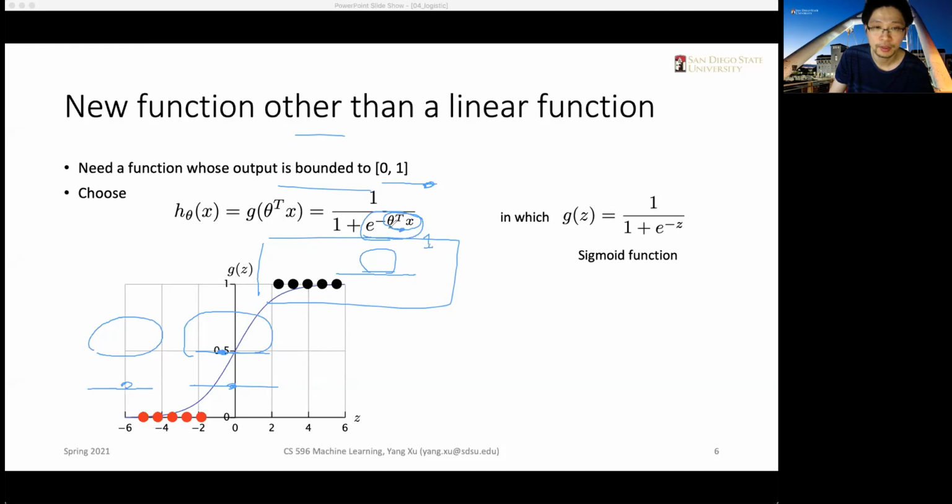When this is a positive number, e to the power of some negative number would be smaller than 1, which means the whole output would be above 0.5. And what if theta transpose times x is a negative number? Then e to the power of some positive number would be greater than 1, which means the whole probability would be lower than 0.5. So all these corresponding relationships are worth taking a closer look.